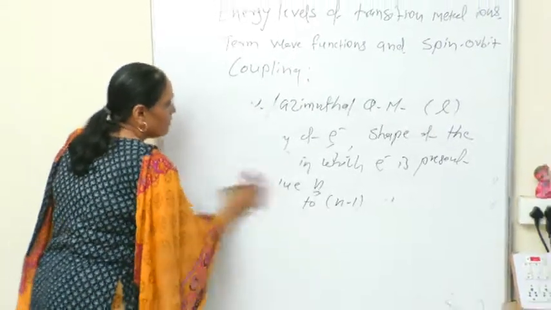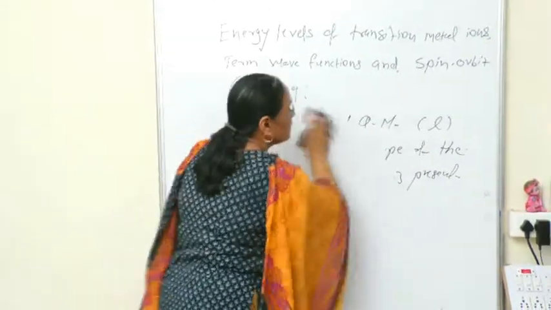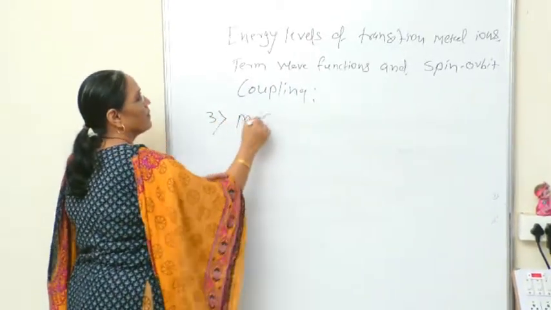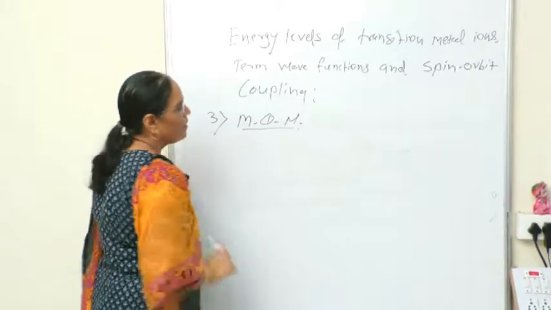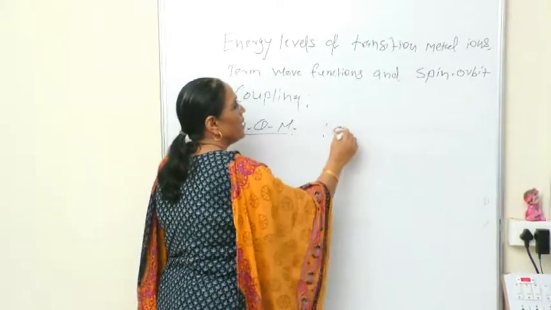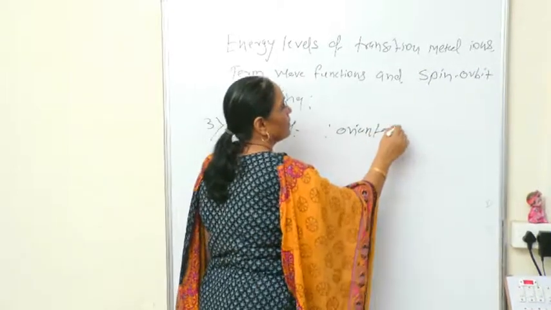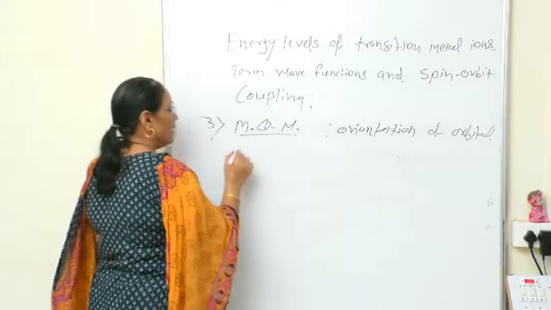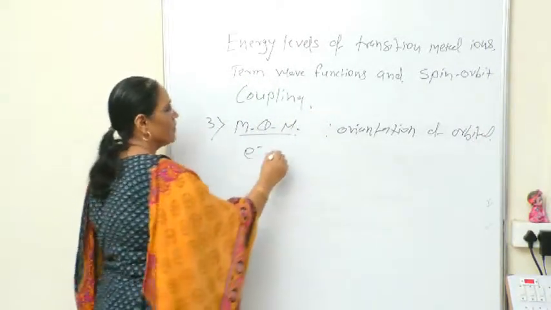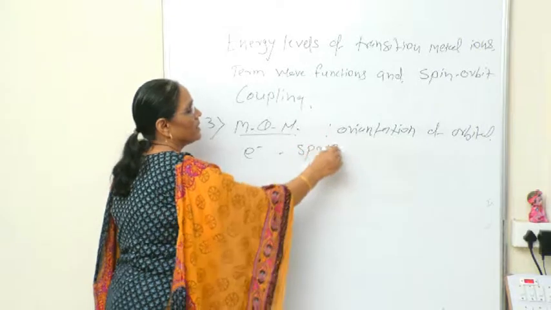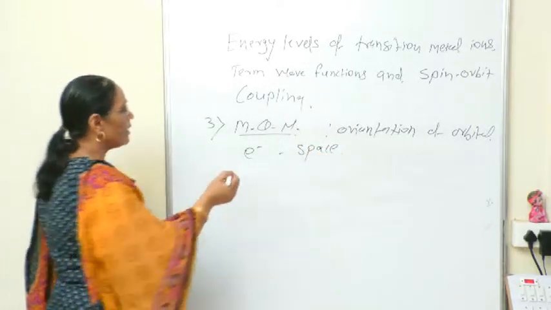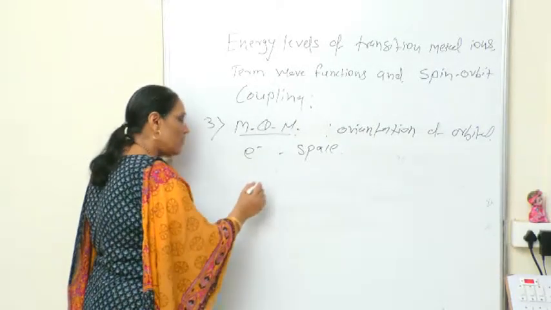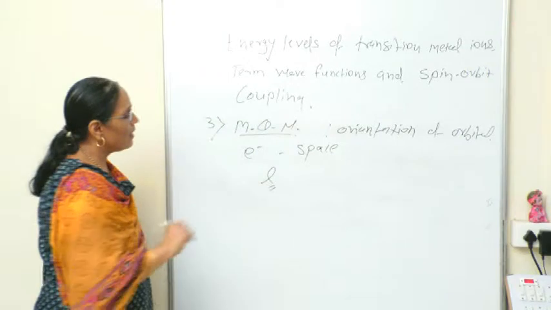The third quantum number, that is magnetic quantum number, gives the orientation of the orbital containing the electron in space, and its values depend upon the values of l.